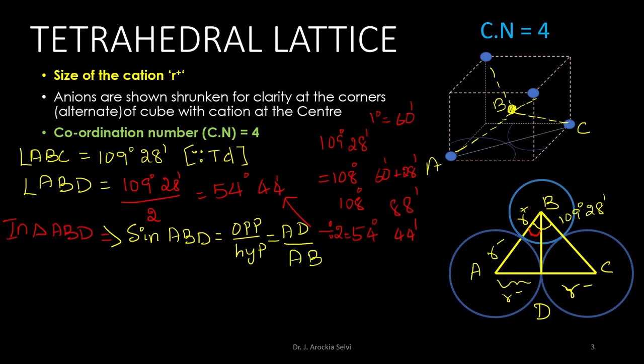So what is the angle of B? It is sine 54 degree 44 minutes, and that will be equivalent to AD divided by AB. What is AD? AD is R minus. And what is AB? AB is the summation of R minus plus R plus.